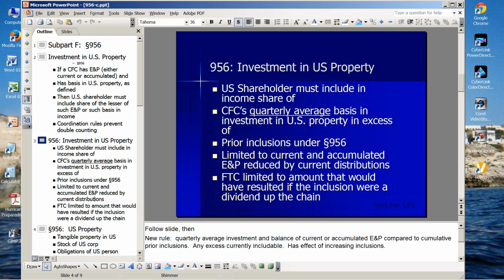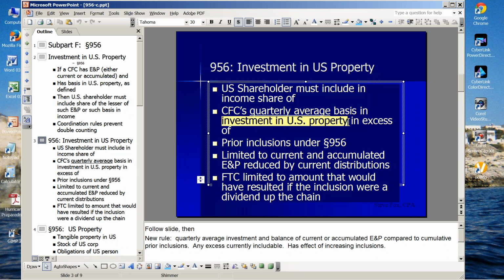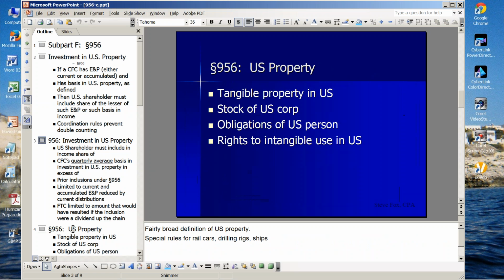So backing up a step, investment in U.S. property is what we need to define. We know it's the basis, but what's U.S. property? Well, U.S. property is any tangible property. And before we go further, you'll notice when we're discussing what U.S. property is, it's a fairly limited definition.